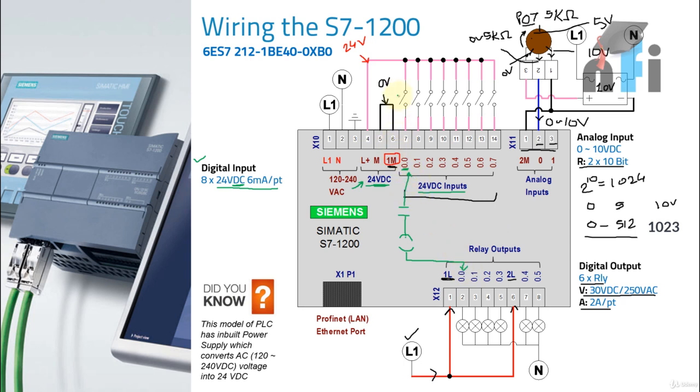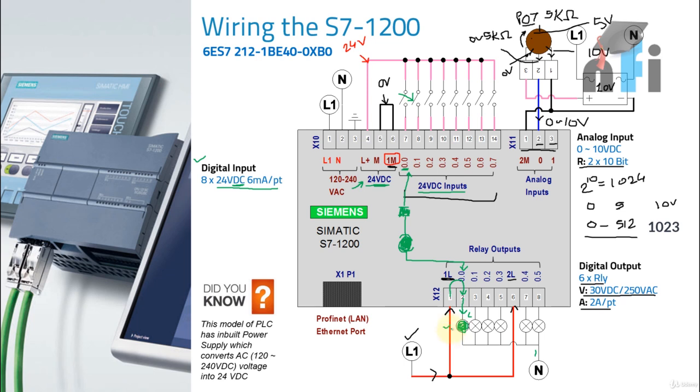So what happens if this input goes on? Its corresponding bit will be true inside the PLC. So this output will be on, and suppose this is addressed with 0.0. The common of this output, the line will travel from here to here because this is true. So the line will come out, and this now has a line here, and this is connected directly to my neutral. So this lamp will be on.